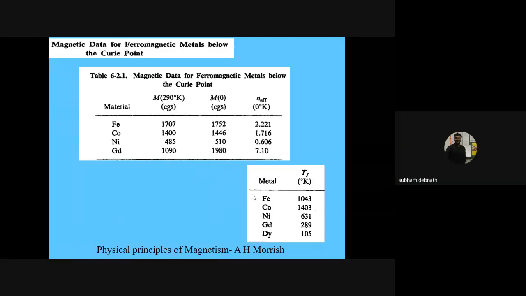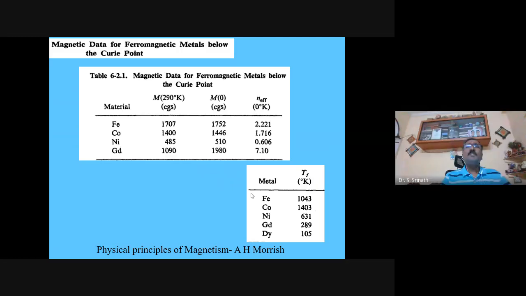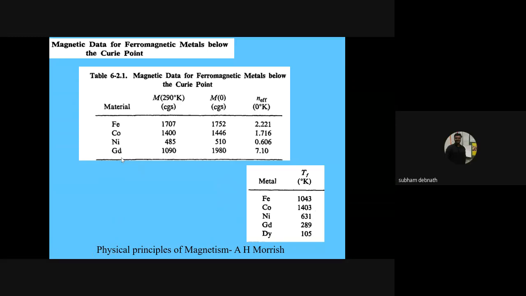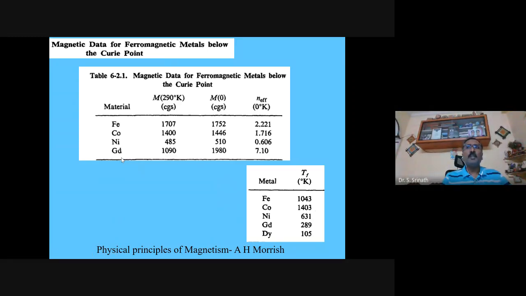The spin, that means how many unpaired electrons are there. For example, for gadolinium, you have 7 unpaired electrons, and each unpaired electron will contribute 1 Bohr magneton of magnetic moment. That's why for gadolinium you have something like 7 Bohr magnetons.